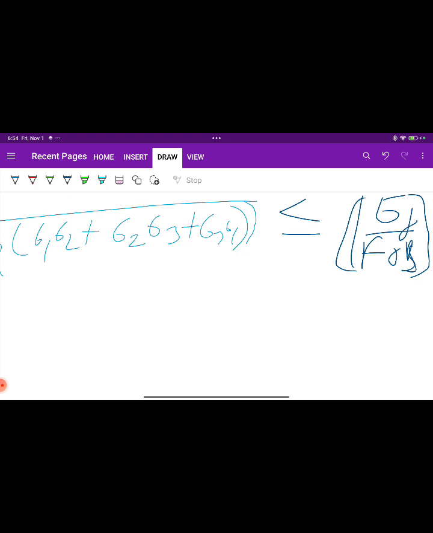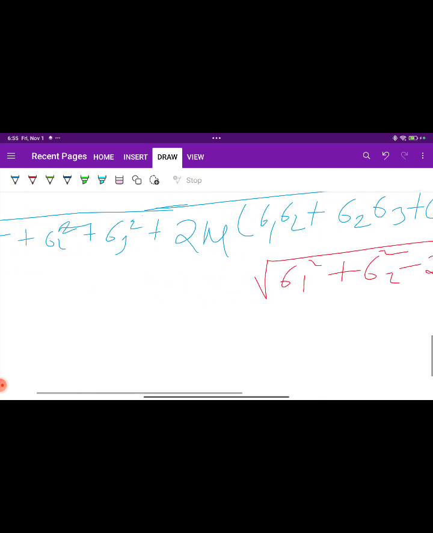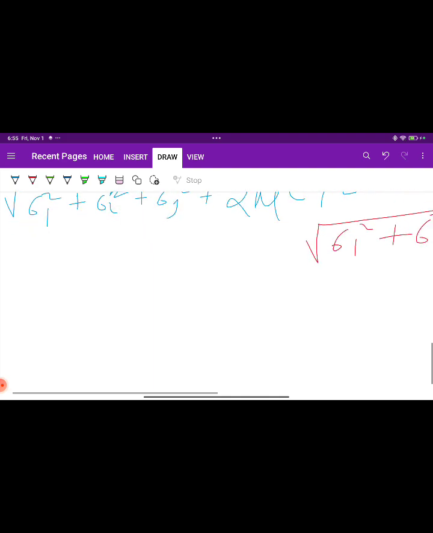And for the 2D design it's simple: the formula is simply sigma 1 square plus sigma 2 square minus 2 mu sigma 1 sigma 2, put it under the root, and the condition is the same. So for both 3D and 2D, this is the safer design condition for the highest energy theory.